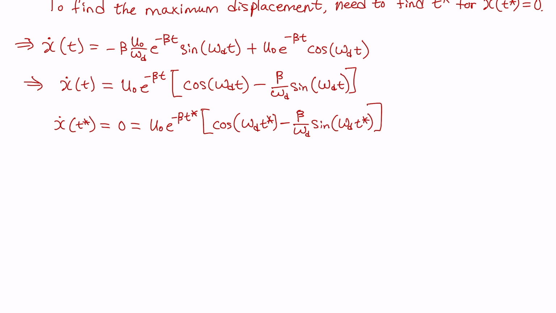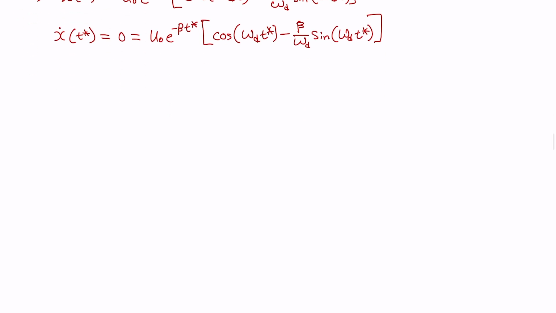Okay, so everything outside of the square brackets, the u0 times the e to the minus beta t star, can only be 0 for infinite time, which means that everything inside the square bracket must instead be equal to 0. So we get here that the cosine of omega d t star minus beta divided by omega d times the sine of omega d t star must be equal to 0.